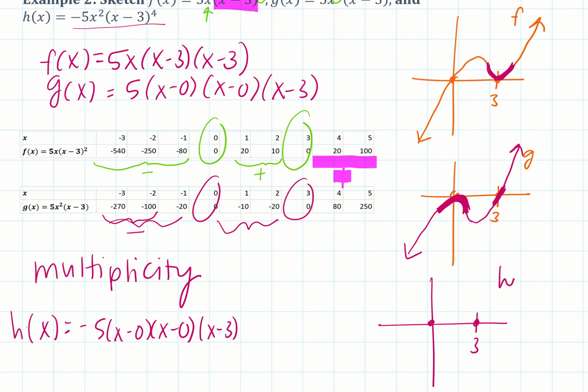Times x minus 3 to the 4th. This factor has multiplicity 4. And so if it's a degree 6 function with a negative leading coefficient, we know it'll look like this. So let me just map that end behavior in there. And we know that this factor has multiplicity 2, so we're going to bounce off of 0. And this factor has multiplicity 4, so we're also going to bounce off of 3.